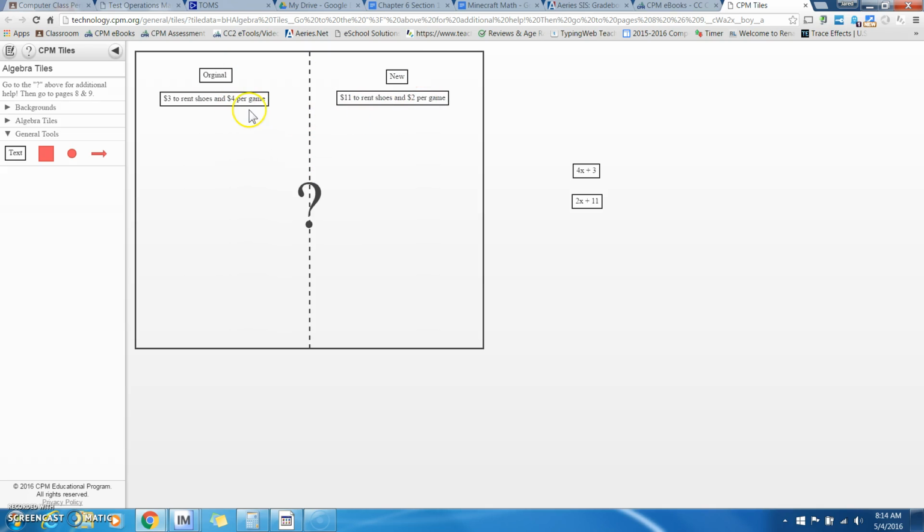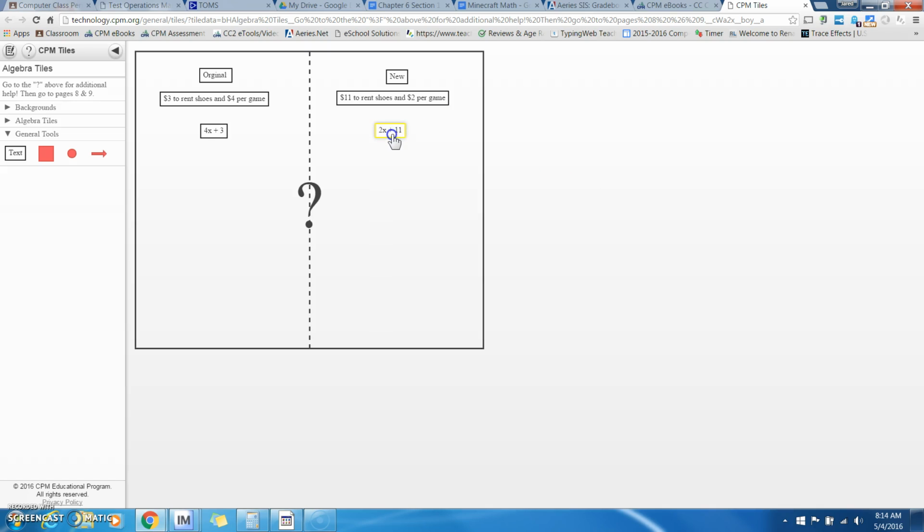So $4 per game, if we say game is x, then that means we have 4x. And then $3 to rent, that means plus 3. So every game you play, you multiply it times 4 and add $3 for the shoes. Same thing for the new one, $2 per game, so game is x, so 2 times x, and add $11 extra to pay for the shoes.